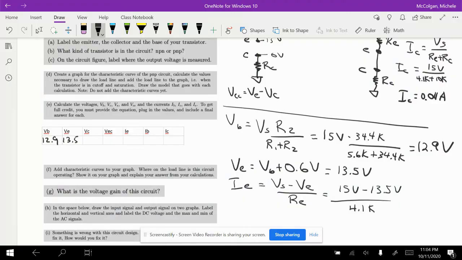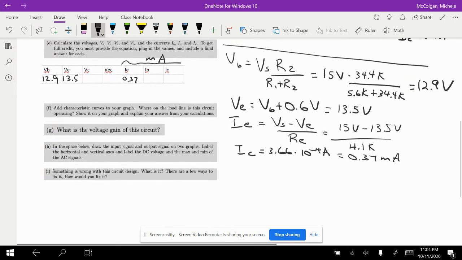So IE is equal to 3.66 times 10 to the minus 4 amps. And that's equal to 0.37, rounding, milliamps. And I'm going to say all of these are in milliamps. Okay, and this is IE, just to be clear.